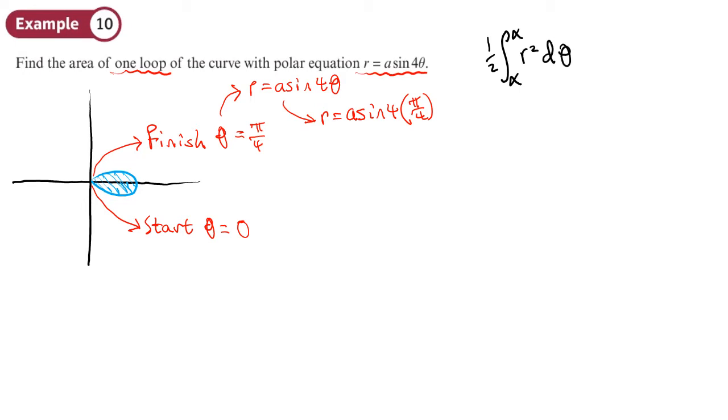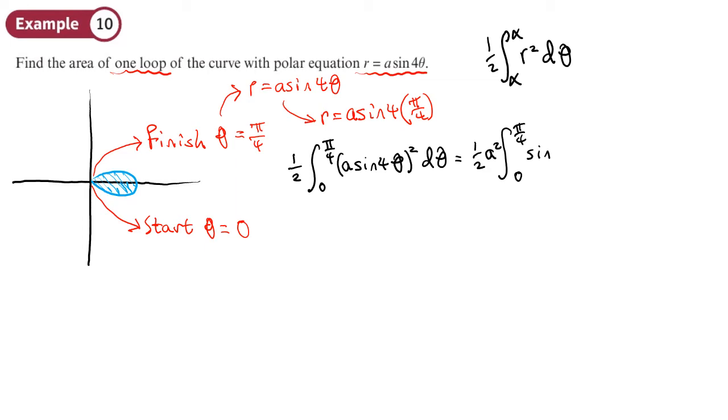So we have half the integral between 0 and pi over 4 of r squared, which is going to be this squared, for theta. So when we do that, we're going to get a squared, which will stick over that side. And then we'll get sine squared 4 theta.